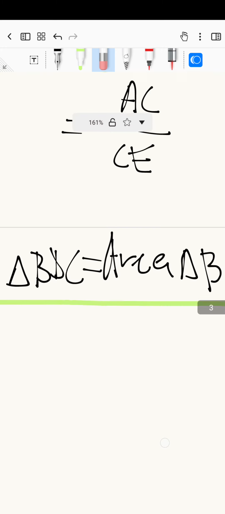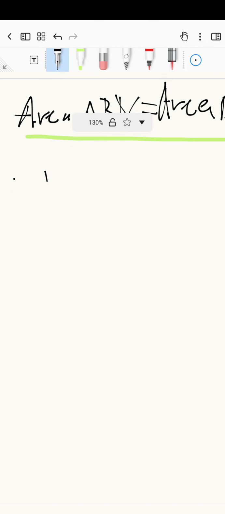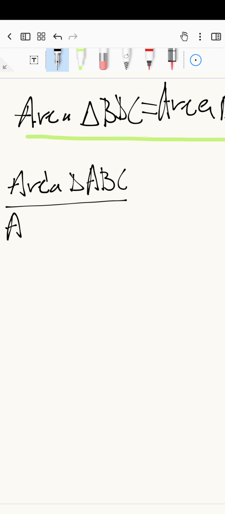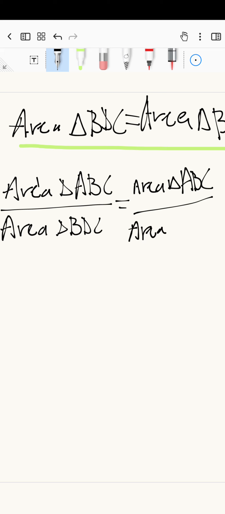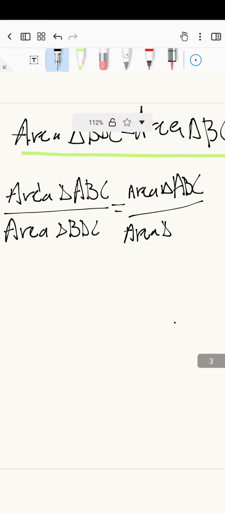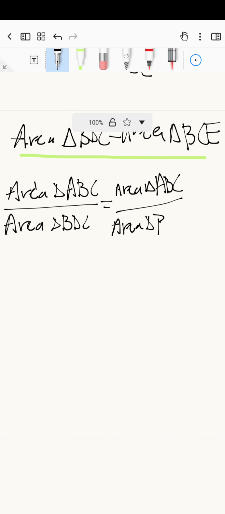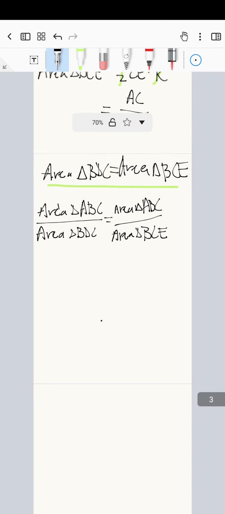Area of triangle ABC divided by area of triangle BDC is equal to area of triangle ABC divided by area of triangle BCE.